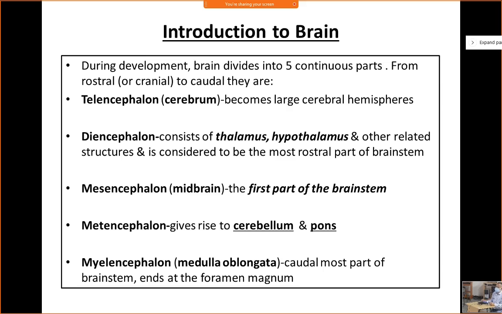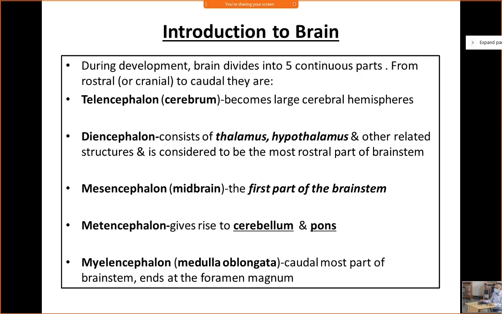Now come to the brain. During development, as I have told, there is one tube. When this tubular structure develops, it is divided into five continuous parts. From rostral or cranial to caudal, the cranial part is called the telencephalon. The telencephalon ultimately gives rise to our cerebrum, and as the cerebrum becomes large it is called the cerebral hemisphere.